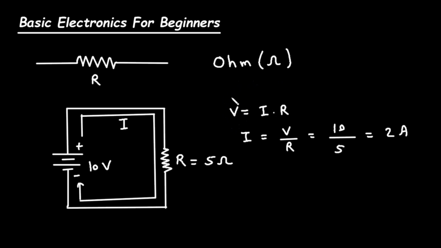Then we will see Ohm's law. So this is Ohm's law. According to Ohm's law, the behavior of a resistor is governed by V is equal to I into R, where V is the voltage across a resistor and its unit is volts, I is the current through the resistor and its unit is ampere, and R is the resistance and its unit is ohms.